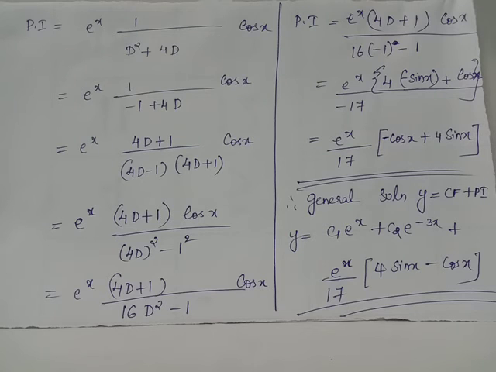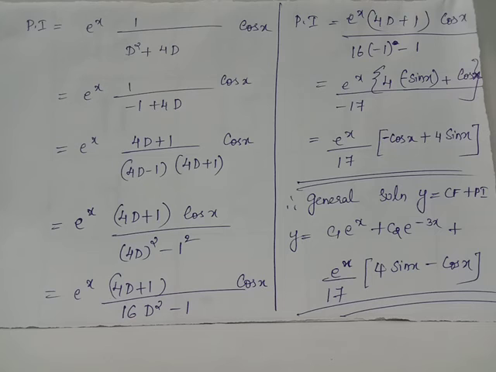Now, in order to obtain the denominator in the format a square minus b square, we multiply numerator and denominator by 4D plus 1. The new denominator becomes 4D the whole square minus 1 square. Again, in capital D square, the same replacement, capital D square equals negative of 1 square, can be considered. Thus, on simplification, the denominator becomes 16 times minus 1, which is negative 17.